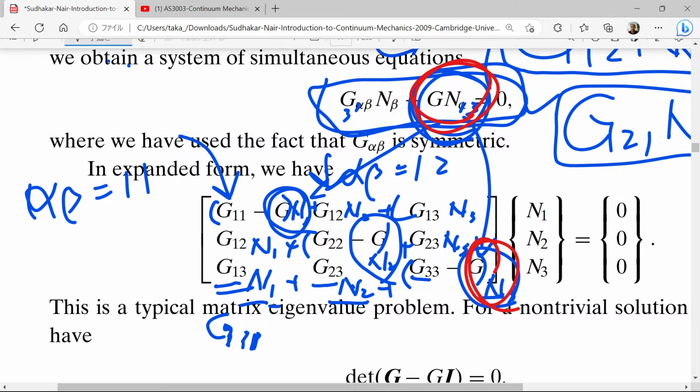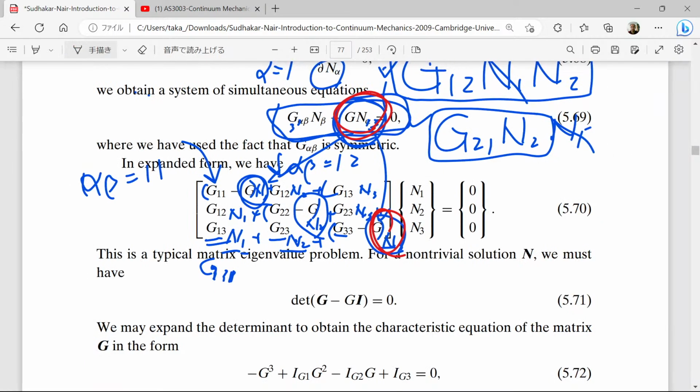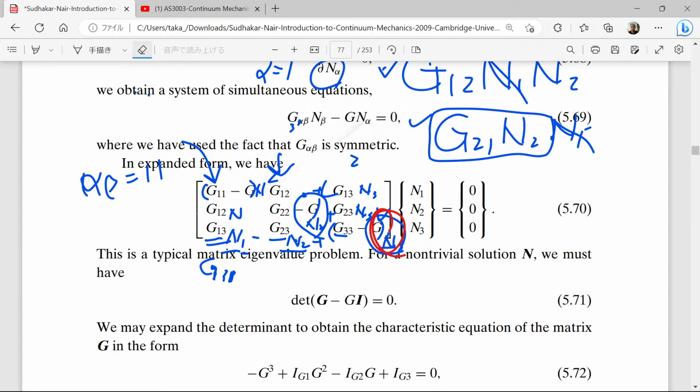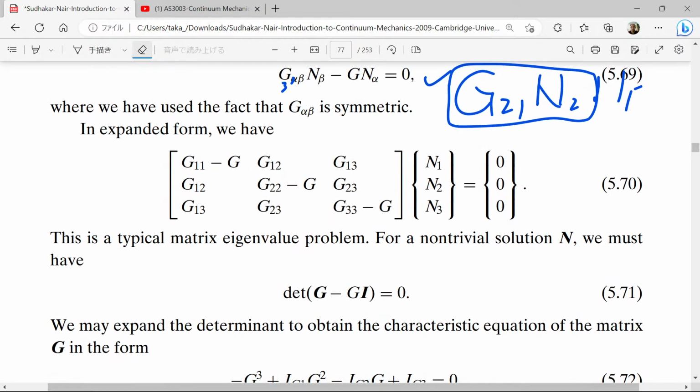So, okay, this one-line expression can be expanded to this matrix equation. This is the typical matrix eigenvalue problem for a non-trivial solution n.